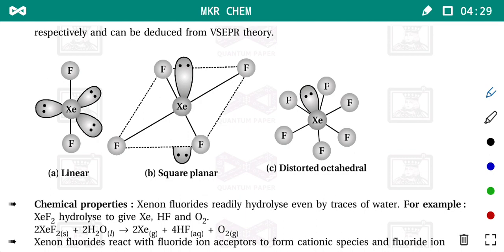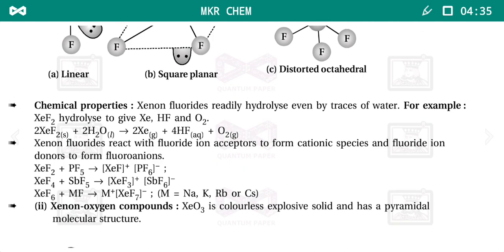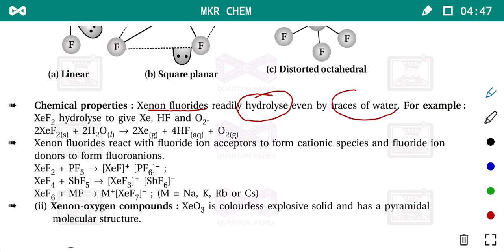This is all about physical properties. Now let us discuss the chemical properties of xenon fluorides. Xenon fluorides readily hydrolyze. Only one reaction is there, hydrolysis by traces of water. If moisture is there, they also hydrolyze. XeF2 by hydrolysis gives Xe, HF and oxygen, a very simple reaction.